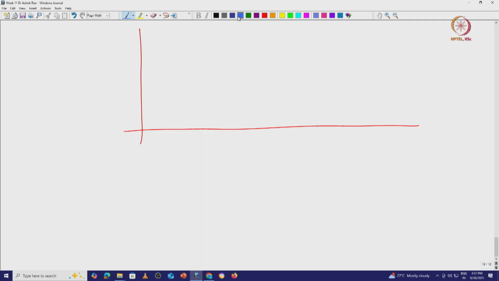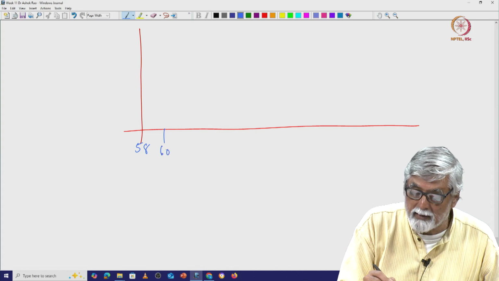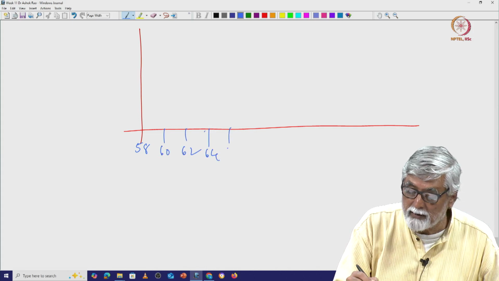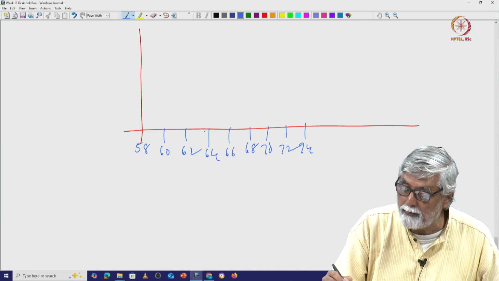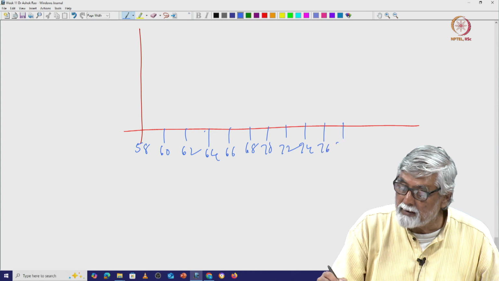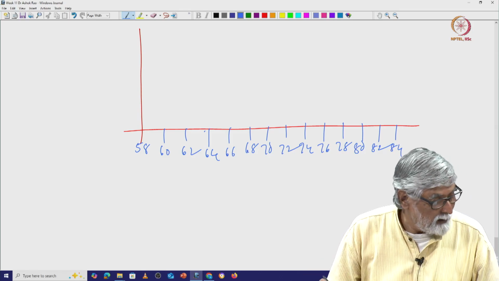So, this axis is 58, 60, 62, 64, 66, 68, 70, 72, 74, 76, 78, 80, 82, 84. I have given some overlap.